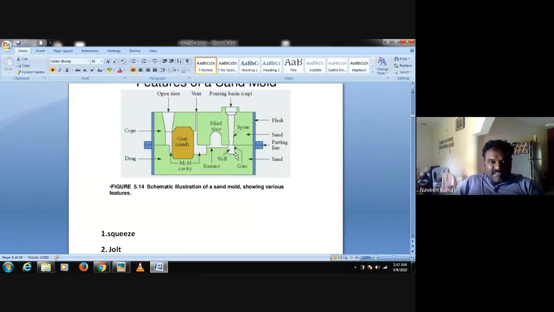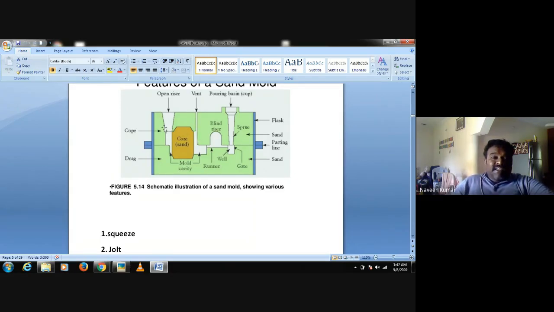At the time of pouring the molten material into the pouring basin, it will be in direct contact with the atmosphere. Thereby, the molten material reacts with the unwanted atmospheric gases, mixes with them, and reaches the mold cavity. Once the mold cavity is completely filled, we allow it to solidify.